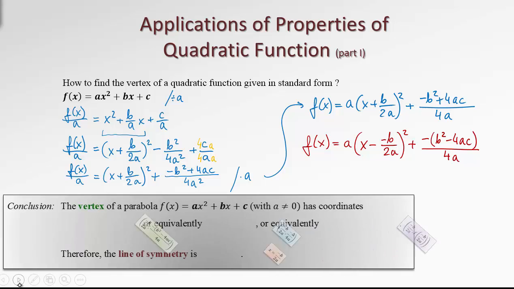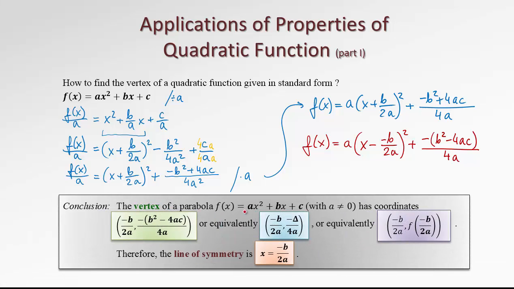So let's conclude that the vertex of a parabola ax squared plus bx plus c has coordinates, and this is the first coordinate, negative b over 2a, and that's the second coordinate, negative the whole bracket over 4a. So generally, if we have a quadratic function given in a standard form, we can give the coordinates of its vertex using the values a, b, and c without going through the process of completing the square anymore.